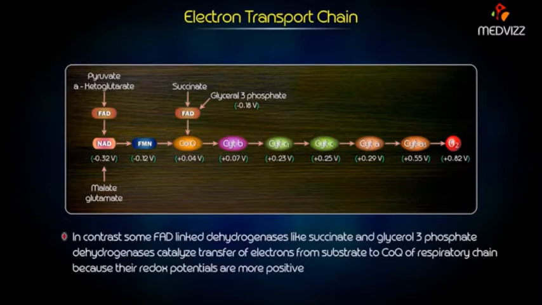In contrast, some FAD-linked dehydrogenases, like succinate and glycerol 3-phosphate dehydrogenase, catalyze transfer of electrons from substrates to coenzyme Q of the respiratory chain because their redox potentials are more positive.